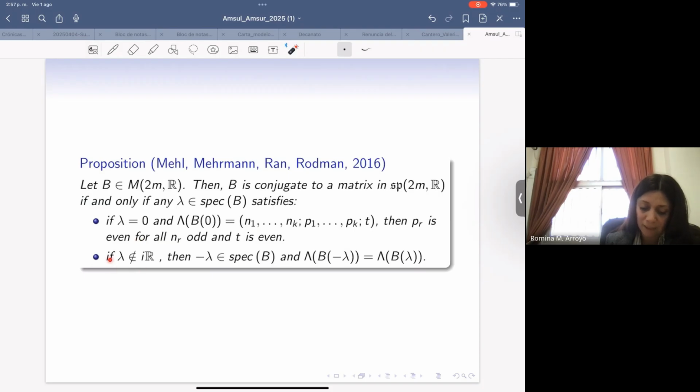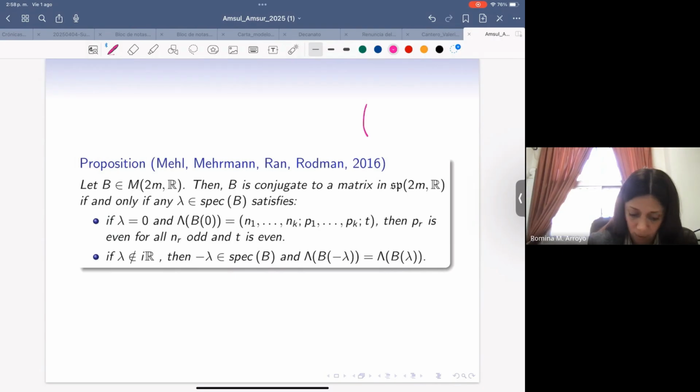But if lambda is not a pure complex eigenvalue, then minus lambda has to be an eigenvalue of capital B. And there is a relation between the blocks of B for minus lambda and for lambda. So now we understand, we have studied what happens with this B. So we understand this part.